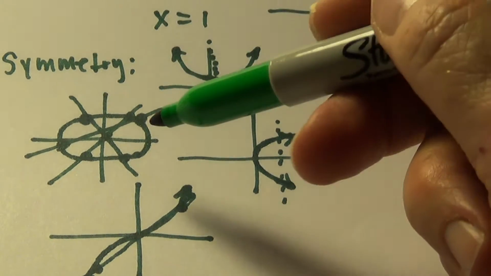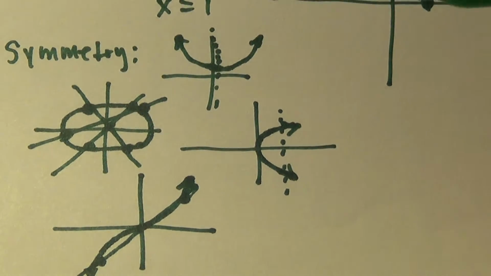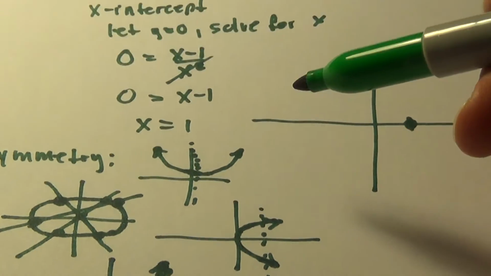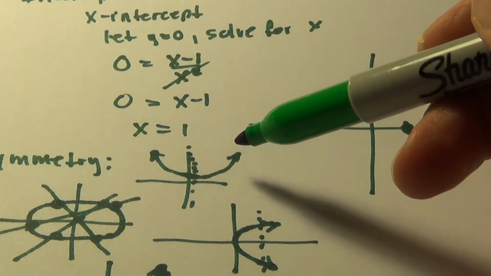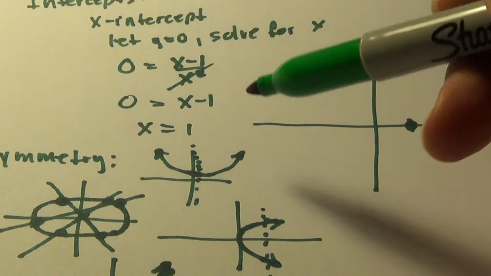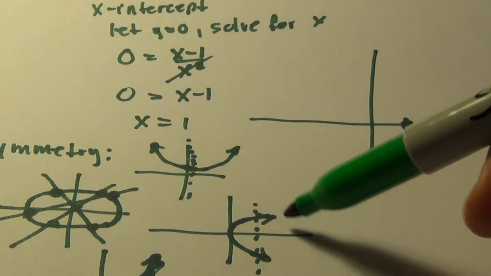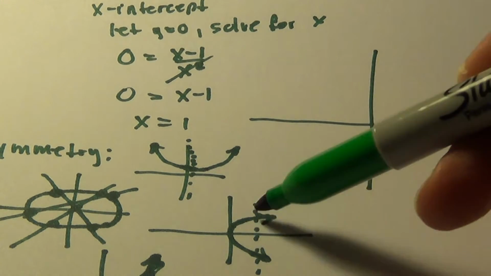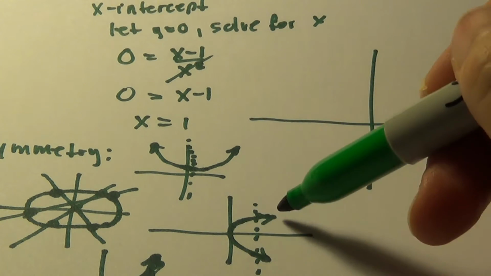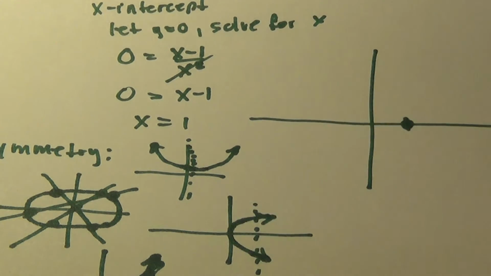So I should have done an example that was a function. Let's stick with functions. We are in function land. So we're going to look for symmetry across the y-axis and the origin, but we're going to skip the symmetry across the x-axis because they are not functions.